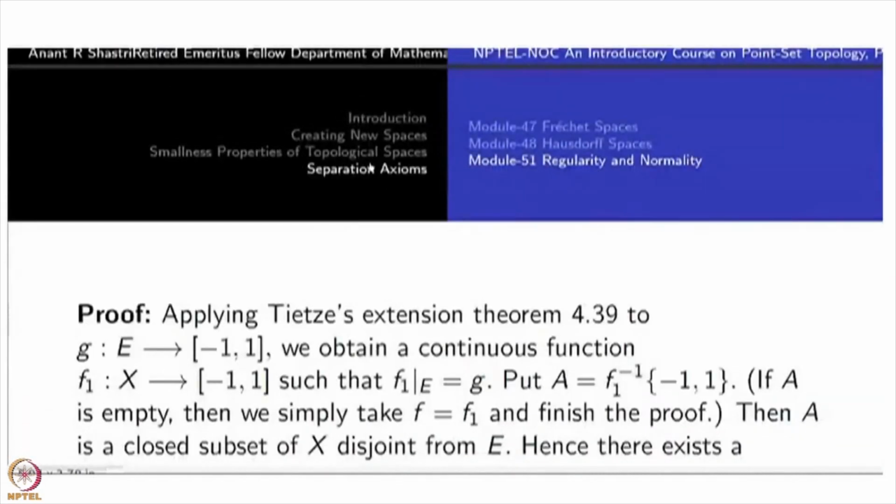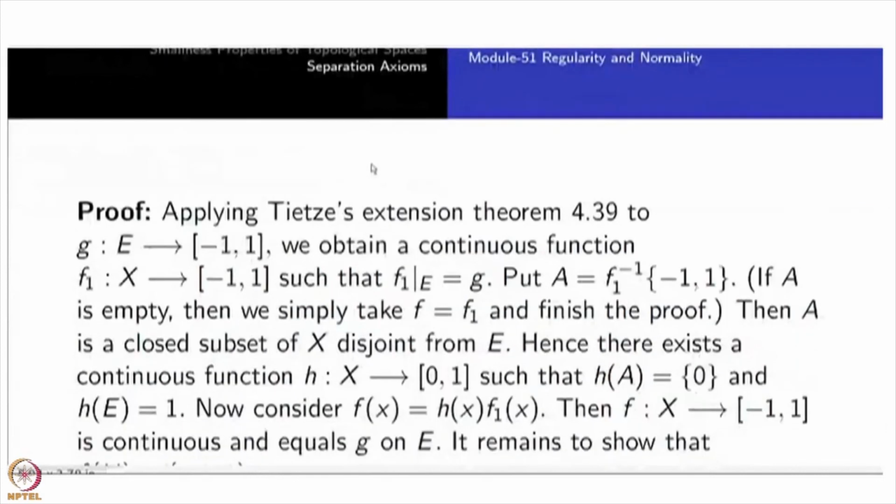Now, how to come back to the open interval? Here is a trick. Applying Tietze extension theorem 4.39 to the map g treated as a function from E to [-1, +1], we obtain a continuous function F1, let us call it F1 because this is not going to be f, from X to [-1, +1] such that restricted to E it is g.